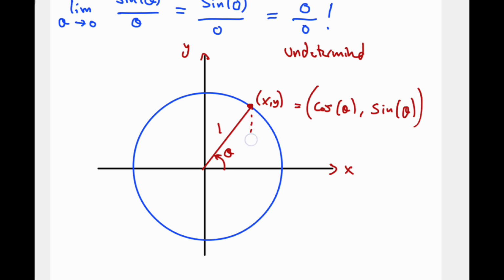So this is x and this is y, so this is cosine theta, and this is sine theta. So sine theta represents this height, from here to here is sine theta, that distance.